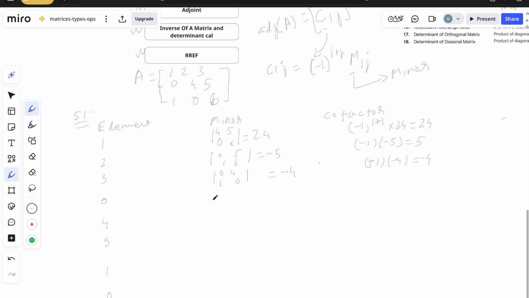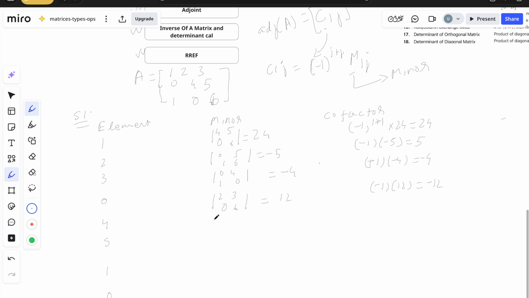For 0, if you consider, it is 2, 3, 0, 6, which is equal to 12, and with the sign, minus 1 times 12 is equal to minus 12. Right?